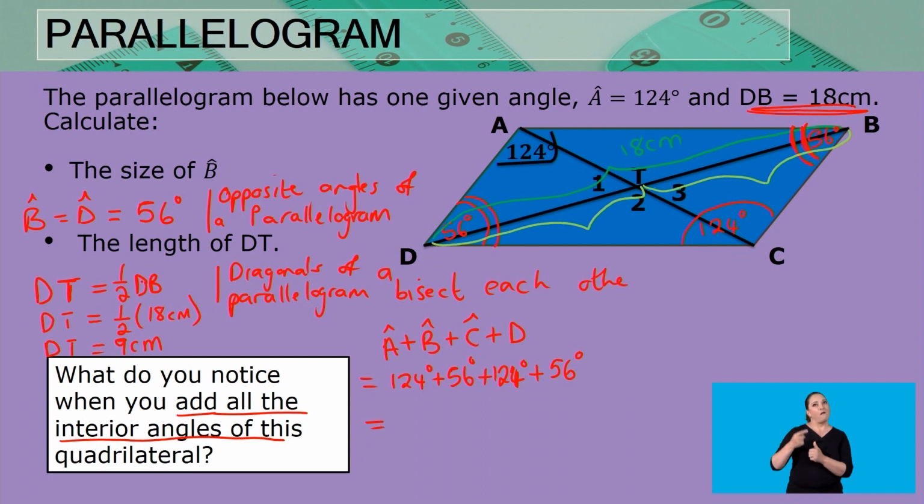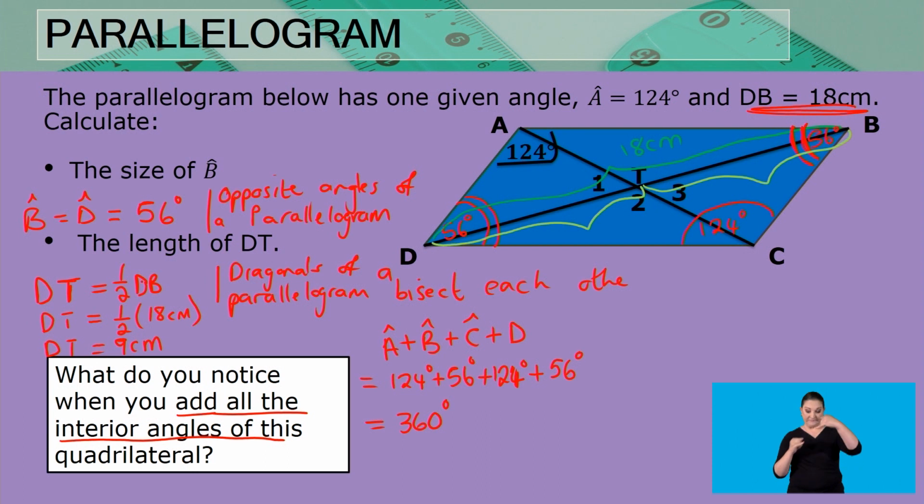If you are thinking that they add up to 360 degrees, then you are correct, because all of the interior angles inside this quadrilateral add up to 360 degrees.